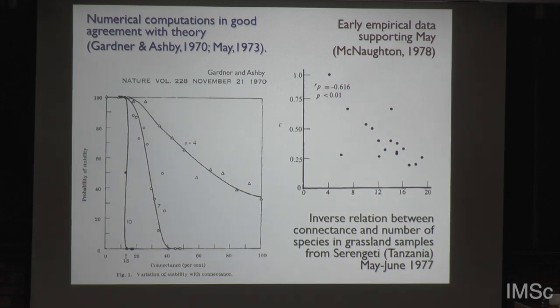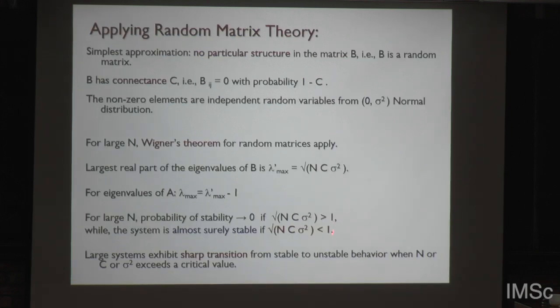This is of course indirect evidence, because according to May's result, if n is large in an ecosystem, the only way that you can support such a system is by correspondingly decreasing C.